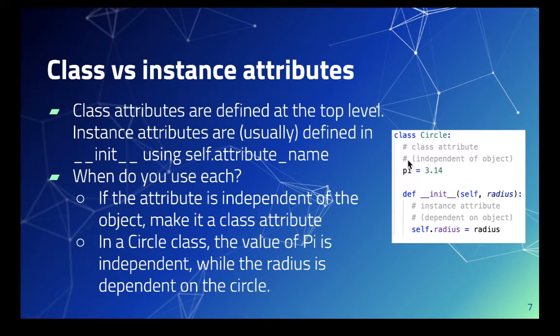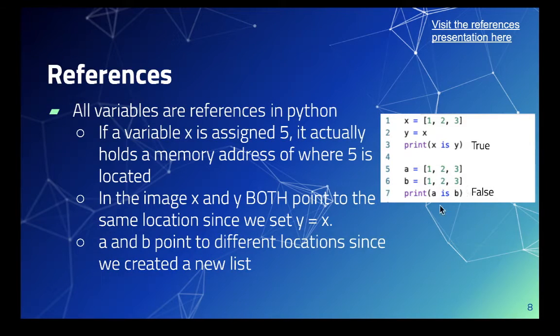Well, if something is independent of each object, because pi will always be 3.14 regardless of the radius, that is a common place where we would use a class attribute. But the radius can change for every object. One object could have a radius of 3, another could have a radius of 5. So in that case, you use an instance attribute. These are the kinds of questions you want to ask when deciding which one to use, because it can really help you narrow down and make the best decision.